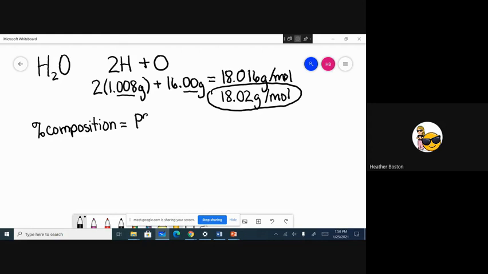It is the part over the whole is the general formula for percent composition. We know to turn it to a percent, we multiply by 100. So the percent composition of water consists of hydrogen. We would calculate this by the part that's hydrogen over the whole water molecule.